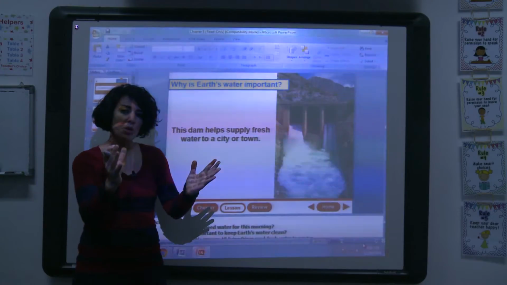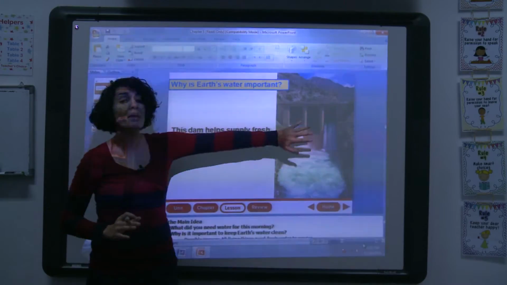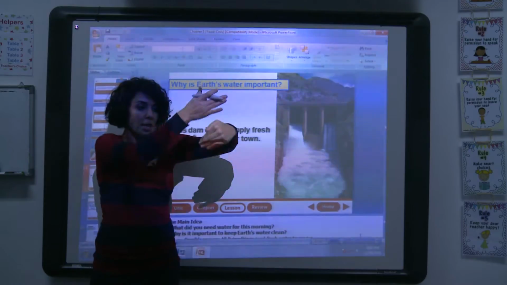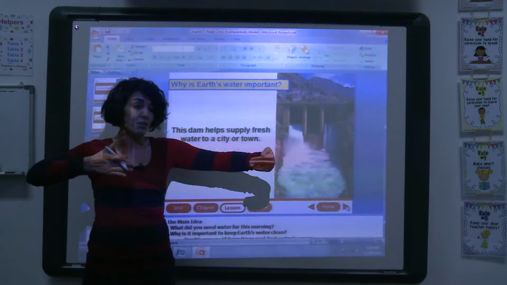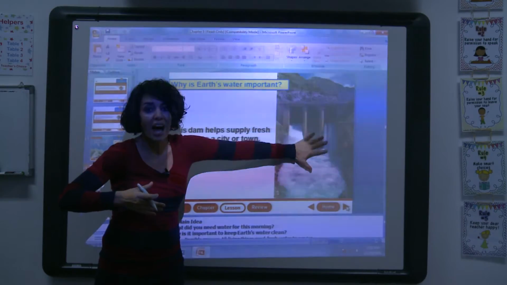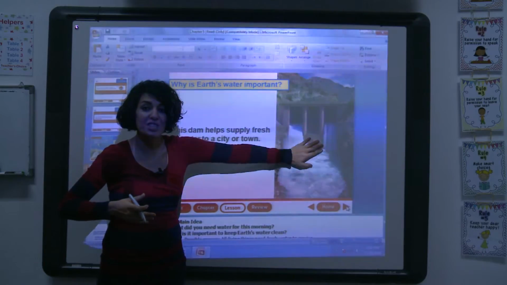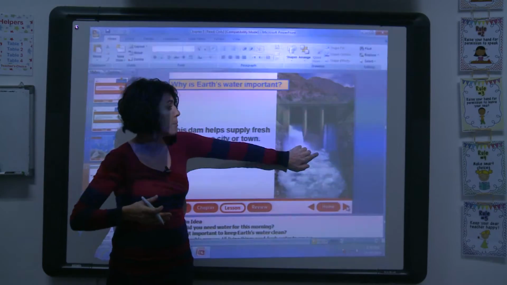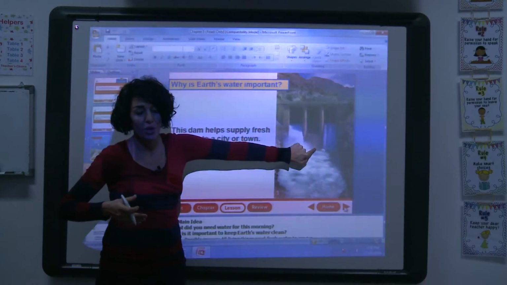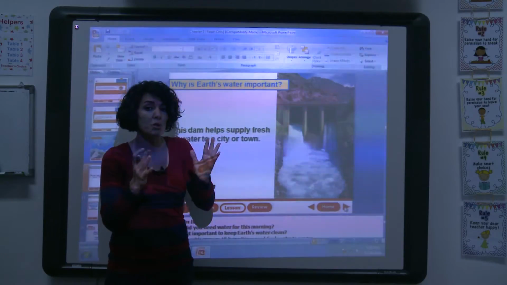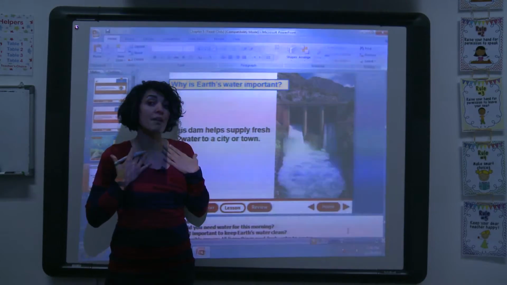So what do humans do? They build a dam in the river, so they supply fresh water for cities and towns. This is an example of the dam I'm talking about. So this is what humans do to help us get fresh water.